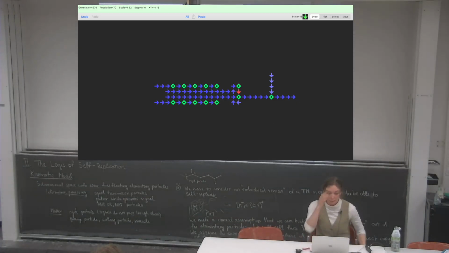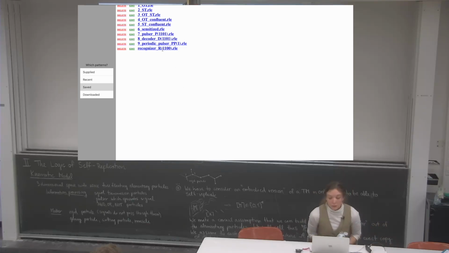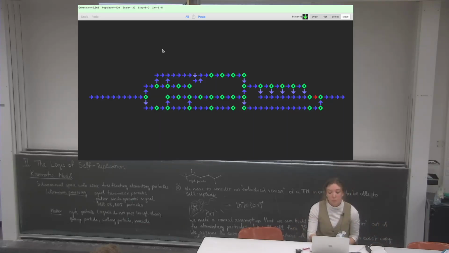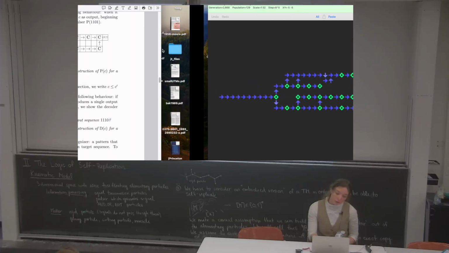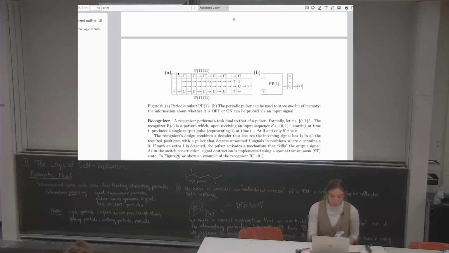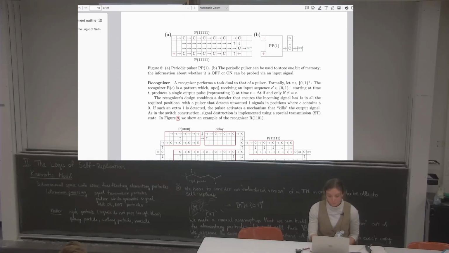This is a recognizer. This is the most complicated one. So a recognizer is the true dual of the pulsar. What the recognizer really does is that if we pick a particular sequence C and we build the recognizer RC, it will produce an active output pulse if and only if the input sequence exactly matches C. So if there is more activity in the input signal, we have to somehow be able to detect it and kill the signal.